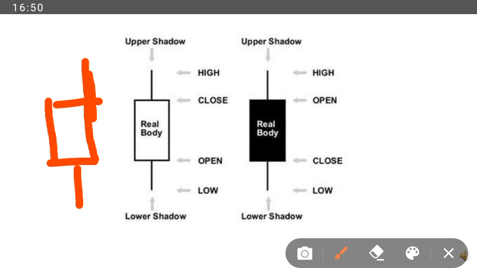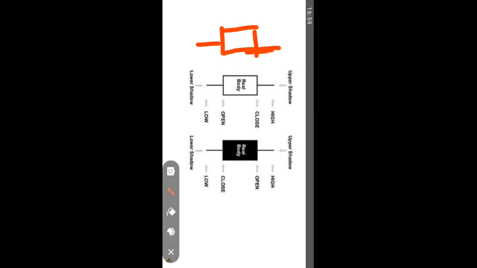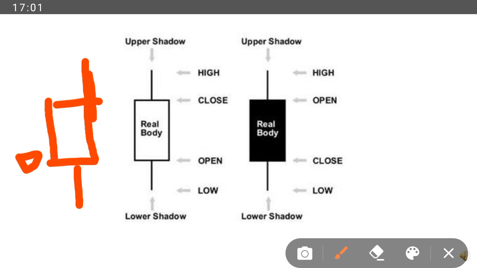So, what am I saying? The lowest point at which price went is the low. It started here. This is where it opened. Where price started is the open. Now, it first of all went down, so that is the low. Then it went up to this very place. This is the highest point price went to.